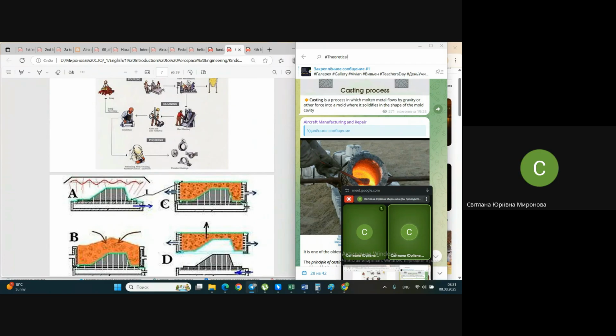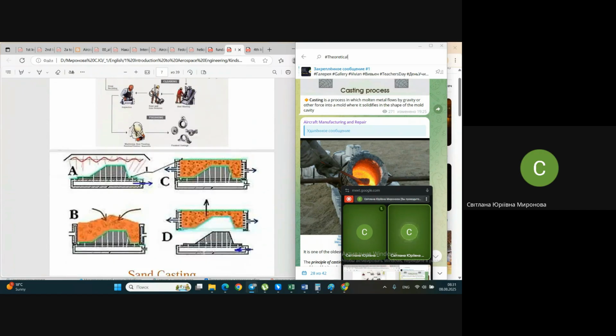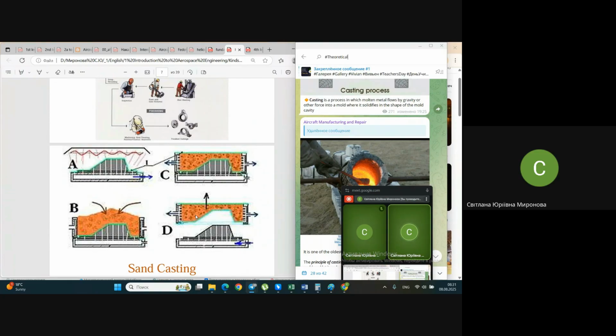Quite clear, if you try to repeat a sculpture of a man inside this shape, you can't remove the mock-up made of solid material without destroying the sand mold itself.